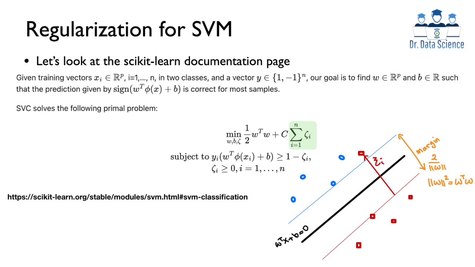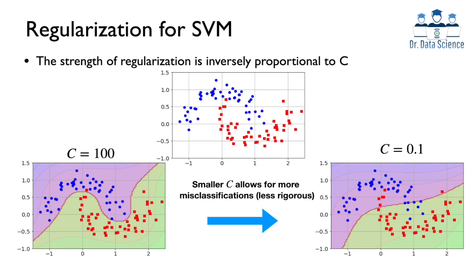But when C is a large number, even a small amount of error can cause problems for this minimization problem, right? Because then we are not really reducing this second term that we have here. And for this reason, if we look at the documentation page, it says that the strength of regularization is inversely proportional to C. And we can show you this exactly here with this simple example.